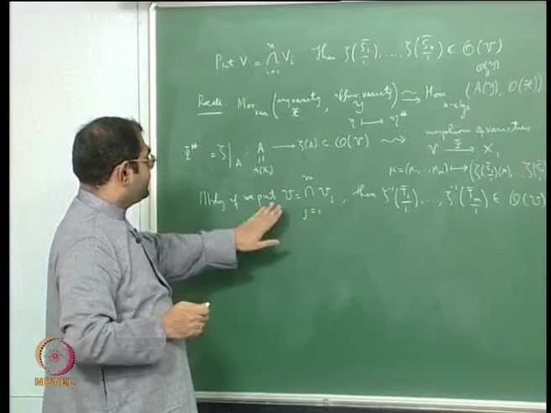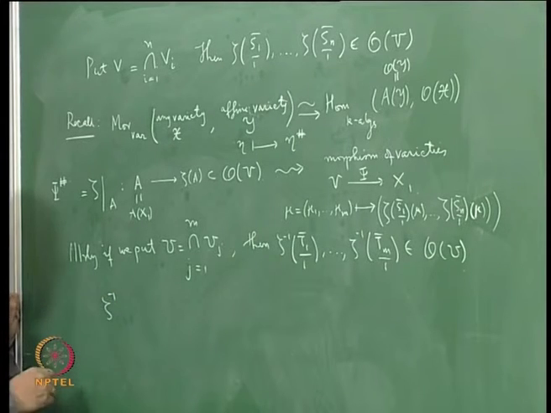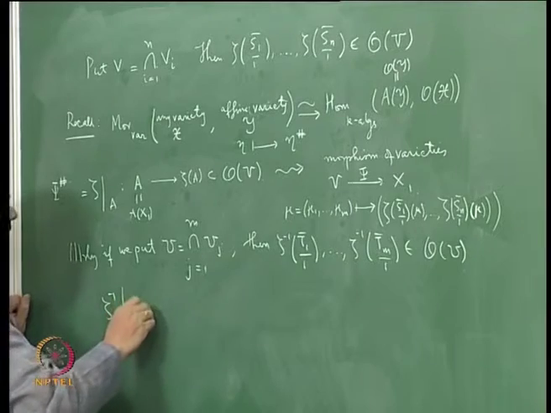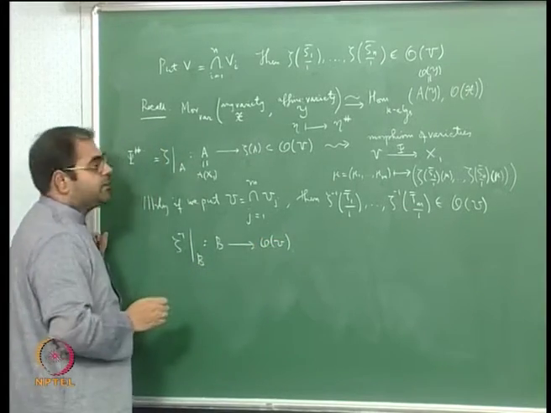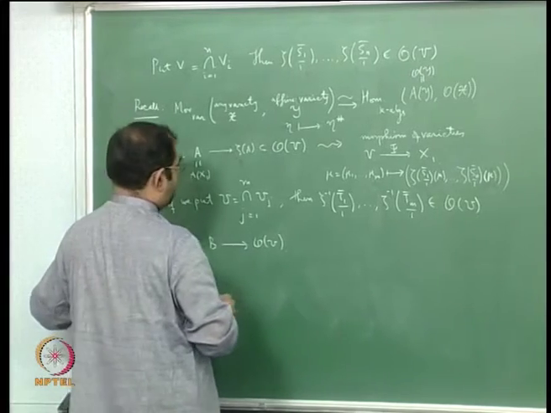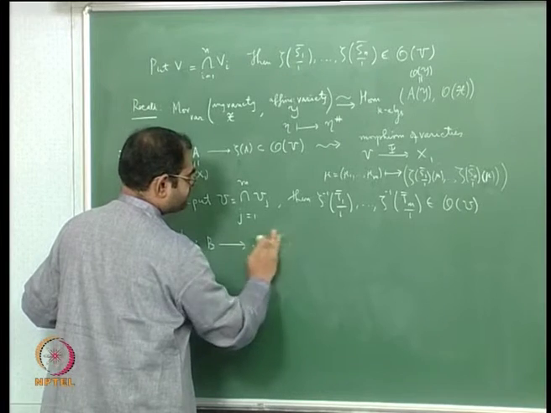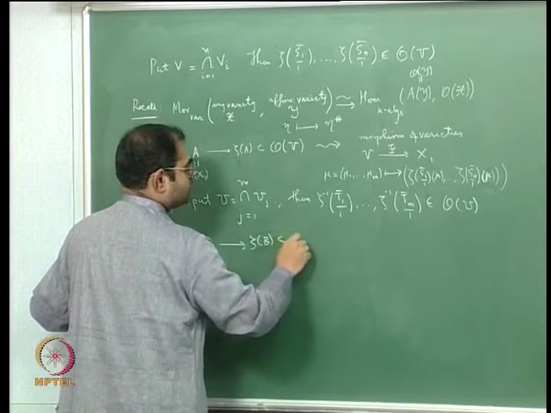Therefore if you take zeta inverse and restrict it to B, it is going to give you a map from B to OU, and so I should say from B to zeta inverse B, which is sitting inside OU.